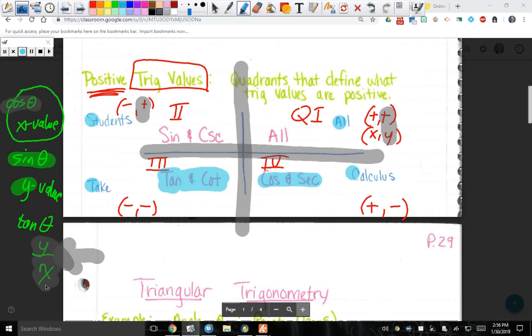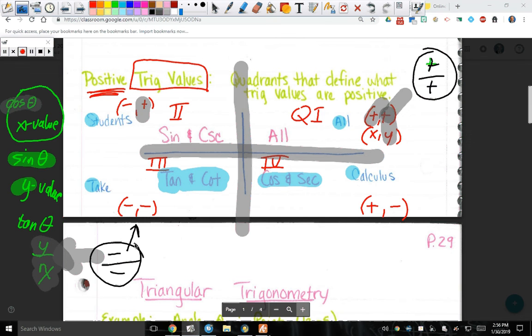Because look, this positive y over a positive x would be, look, y over x looks like this. What's that? Positive. Right here, look, y over x. What's this? Positive.